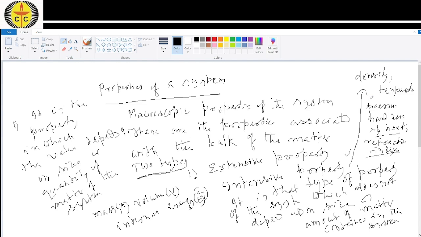Then we'll go to what is the state of the system.